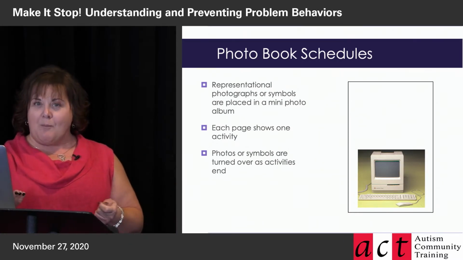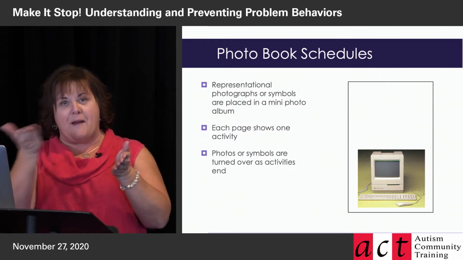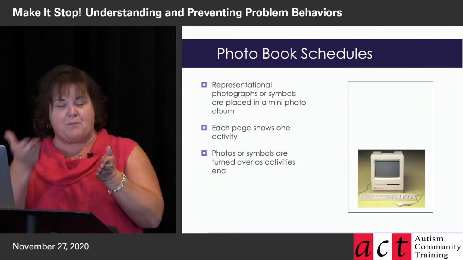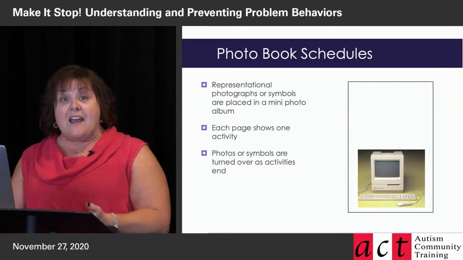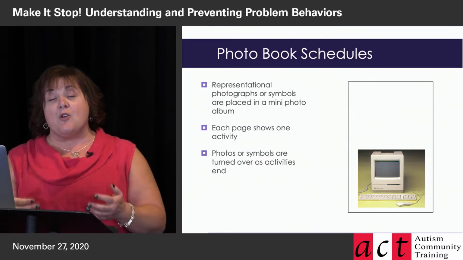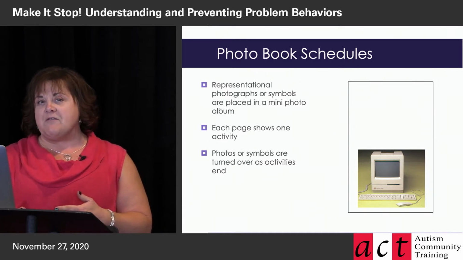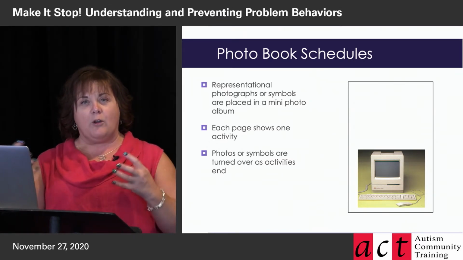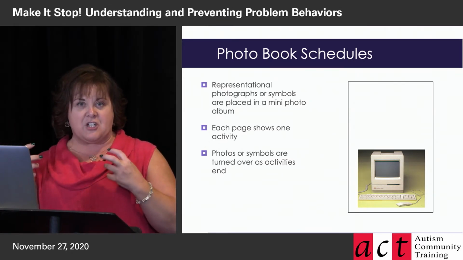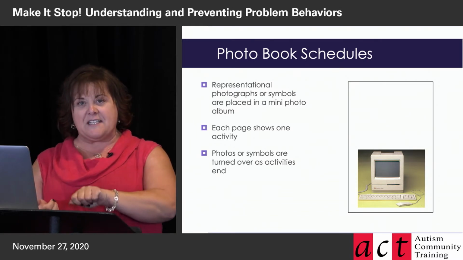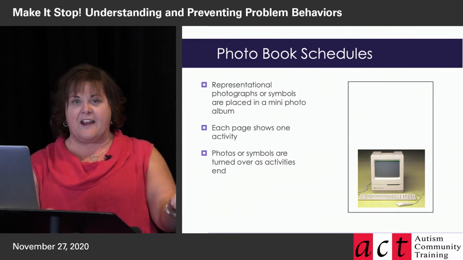But there is one problem with this, in that if you put a whole bunch of photos in the book, page by page, the child, the person using the schedule, can only see one photo at a time. And often we're working with individuals who have difficulty kind of holding and organizing a bunch of information in their head. And so they might see the one symbol, but then you turn the page, well, that's gone.